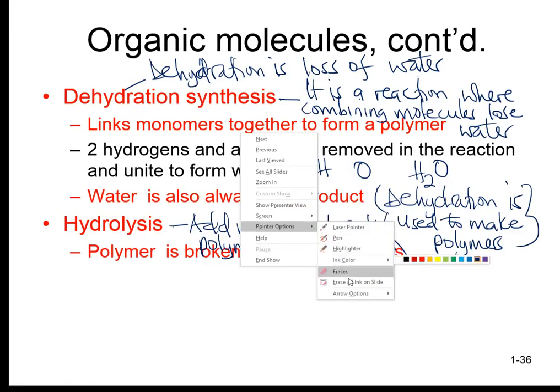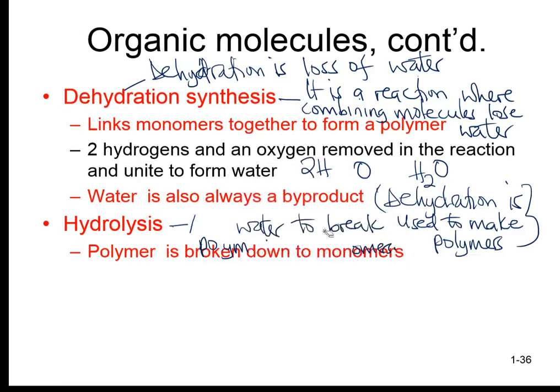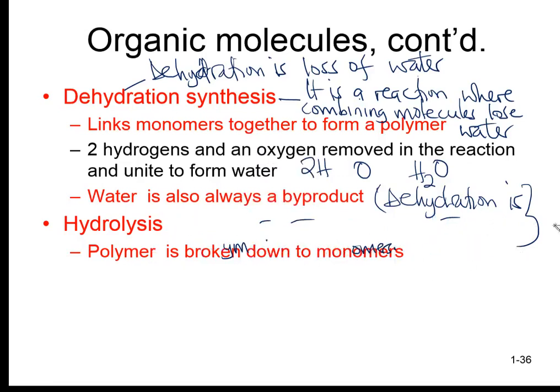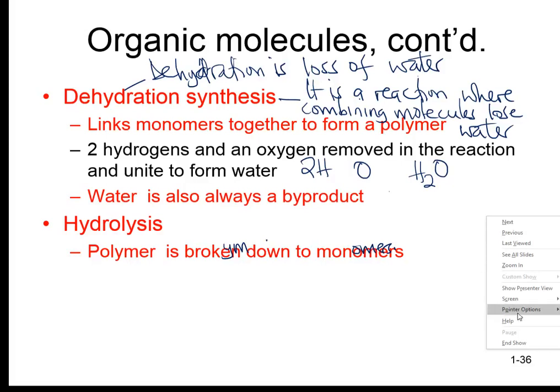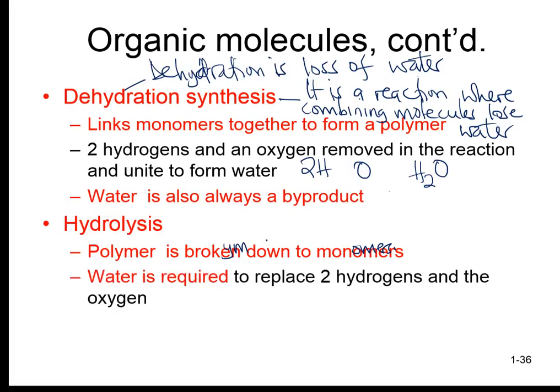So you add water to break down polymer. That is hydrolysis. You need to be able to define what is hydrolysis and what is dehydration. So in the first case here, water is a byproduct. In this case, you need water for that reaction to happen.